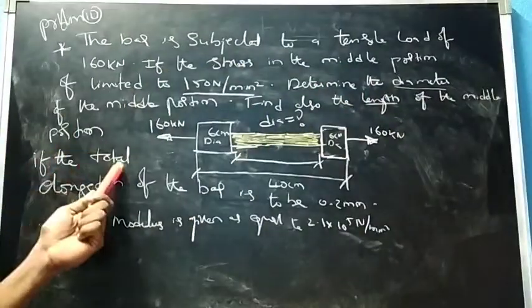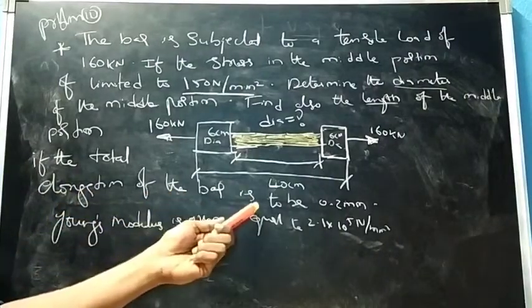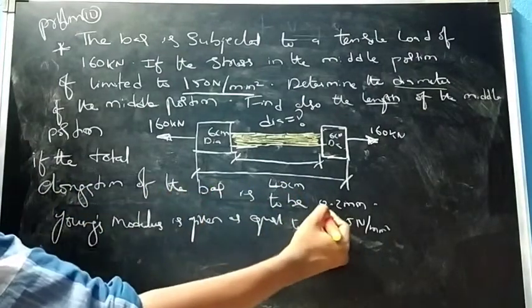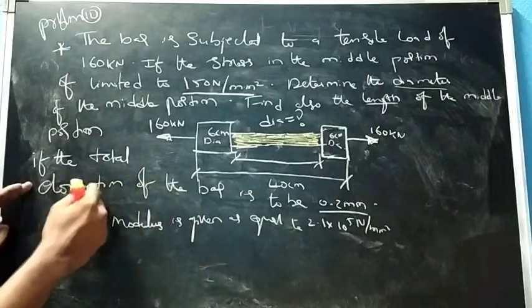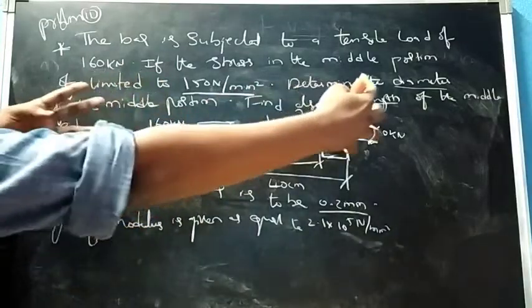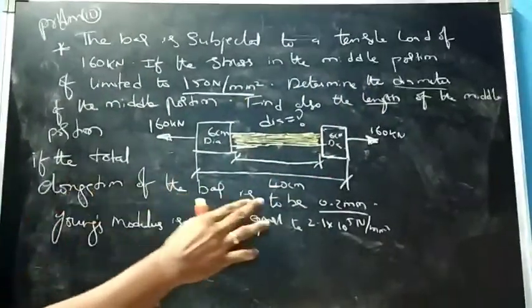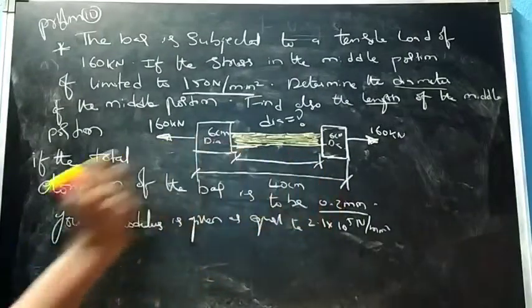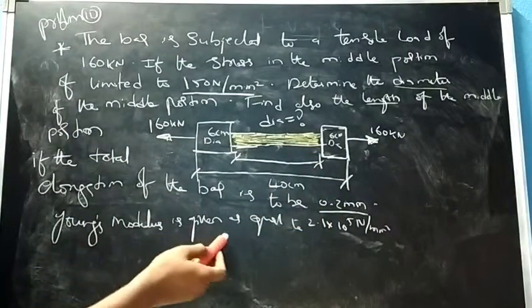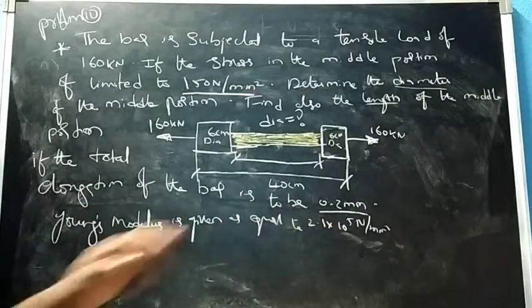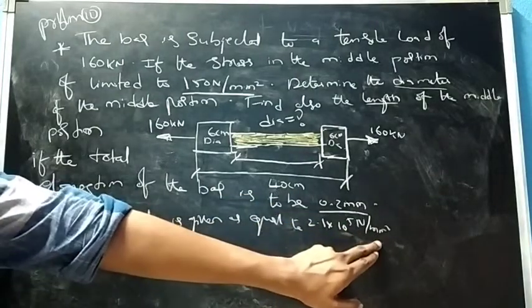Find also the length of the middle portion. If the total elongation of the bar is to be 0.2 mm, that means total extension or stretch of this bar will be 0.2 mm, and the Young's modulus is given equals to 2.1 into 10 to the power of 5 Newton per mm square.